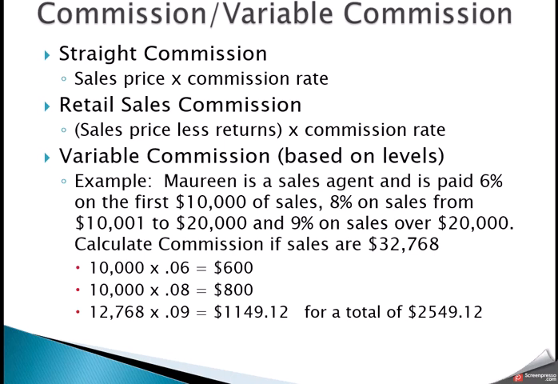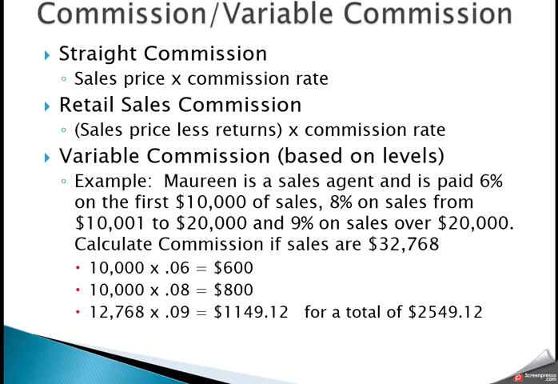If you work in retail sales, they're always going to subtract out your returns. So whatever your sales are minus whatever returns have come back, then multiply that by your commission rate for that pay. Then we can have times where you're on a variable commission. The assumption there is that for those first sales, you're not going to get as much, and sometimes the first step of the variable commission is actually zero.